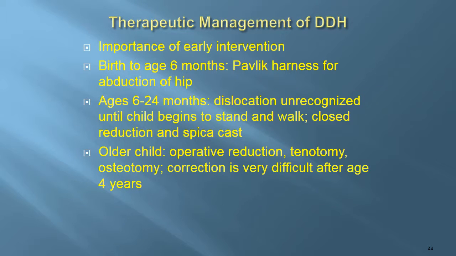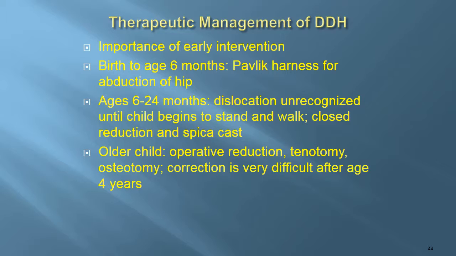Therapeutic management of DDH. It's important for early intervention to occur. Between birth and age 6 months, a Pavlik harness is applied for abduction of the hip. For ages 6 to 24 months, the dislocation may be unrecognized until the child begins to stand and walk.